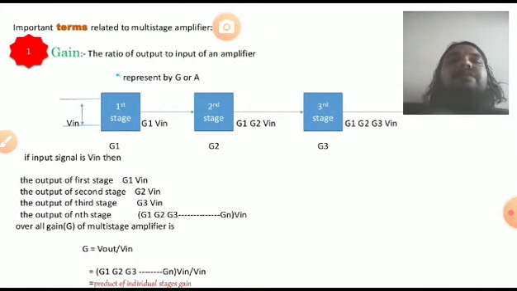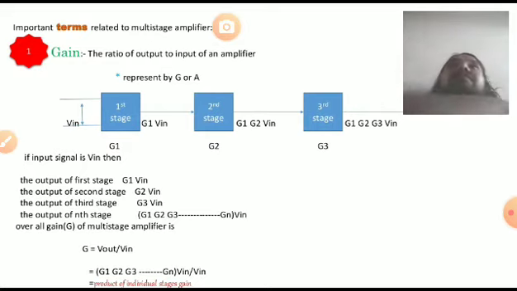Next one, students: important terms related to multi-stage amplifiers. First one is gain. The gain is the ratio of the output to the input of the amplifier.